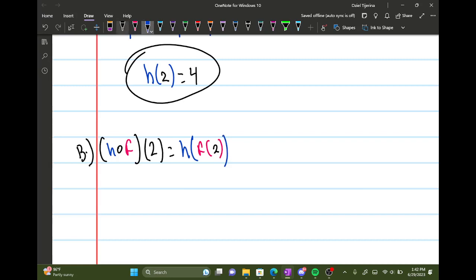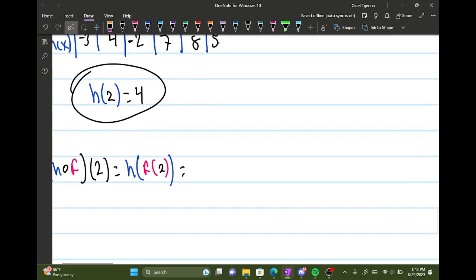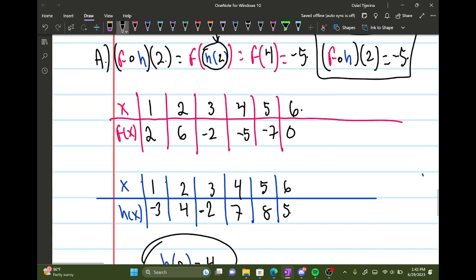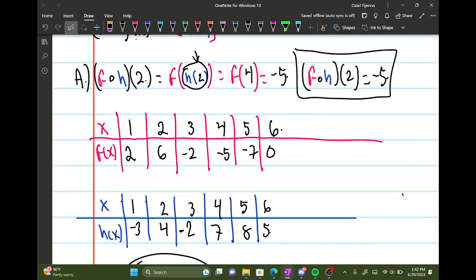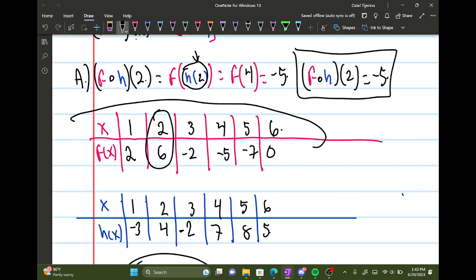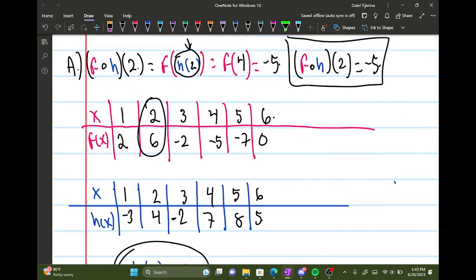And so then we end up getting the following. We need to see this inner part, f of 2. If we look at f of 2, we know that it's going to be 6, right? When x is equal to 2 here, f of x is equal to 6.